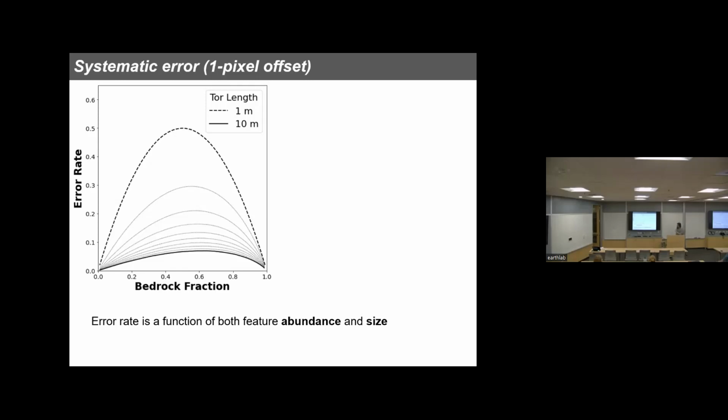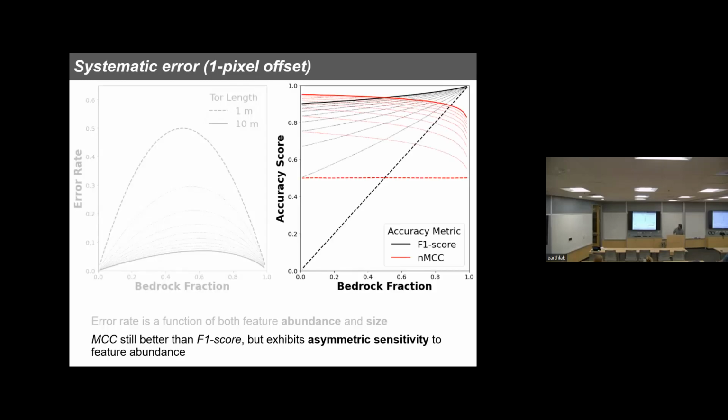And the asymmetry arises not for the initial case where we just had one cell features, but the cases where we made our features have some size associated with them. So that's what I'm showing here in the dashed lines as they go down to the black, which is a 10-meter torus. So I'm going from 1 to 10-meter torus. And again, when we look at it in terms of their accuracy scores, we always are going to get the spurious relationship that's modified in some weird way with F1 score.